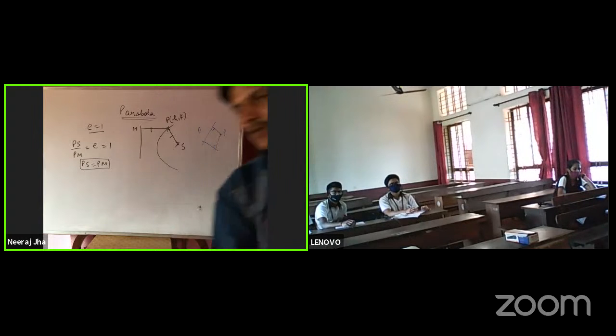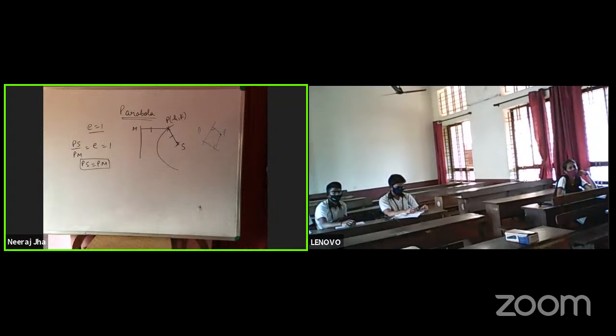Anyone can please tell me, if you have two lines and a point which is equidistant from the two lines, what will be its locus? What will be its locus? Anyone?